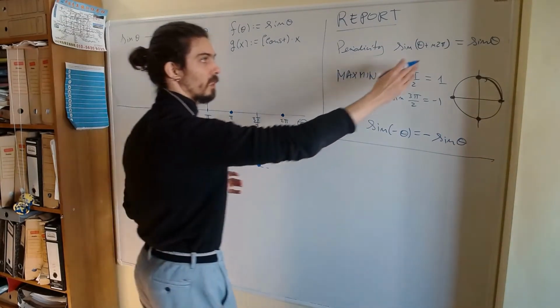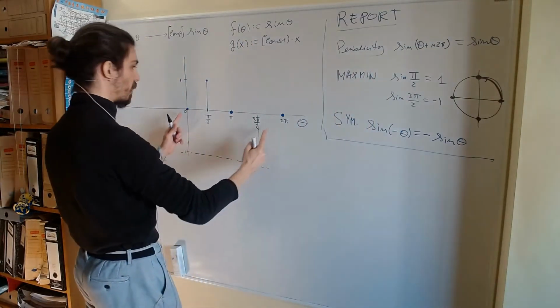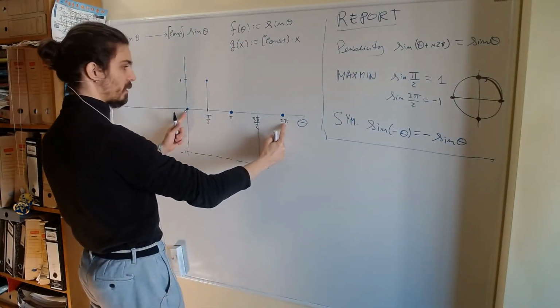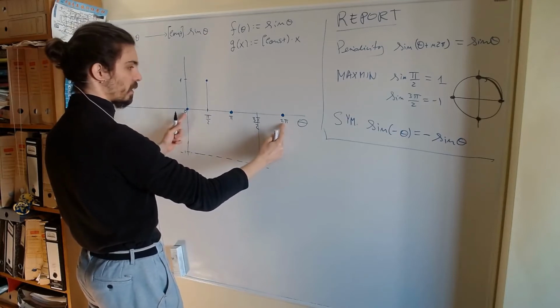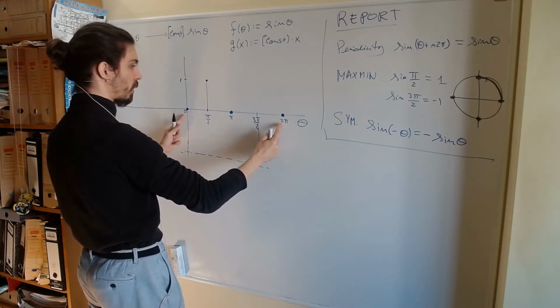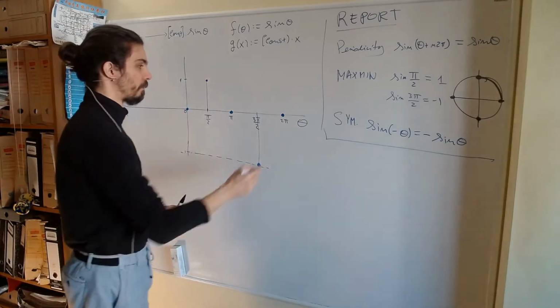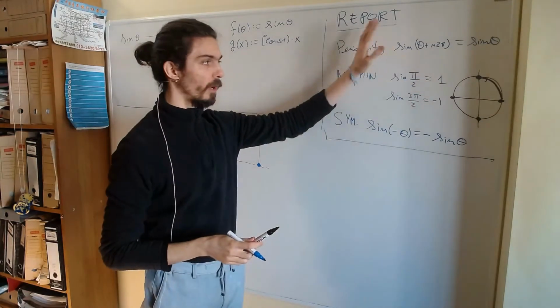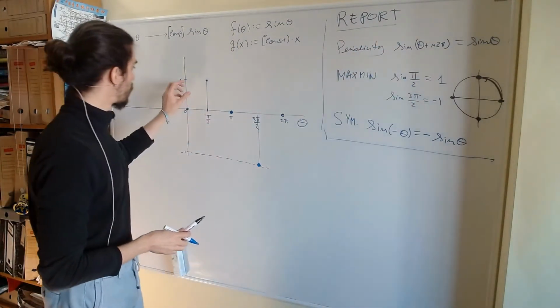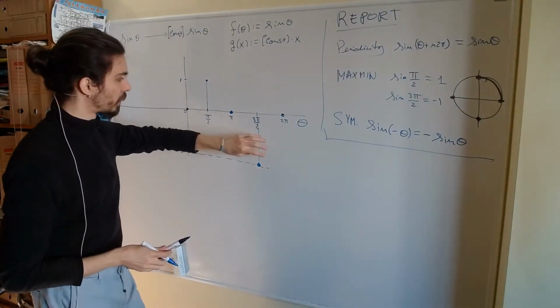Notice the smallest period, 2 pi, is this distance. So the function needs to repeat itself from here to here. These points must be the same value.